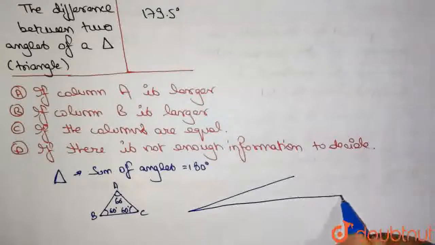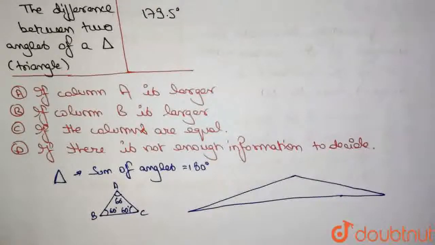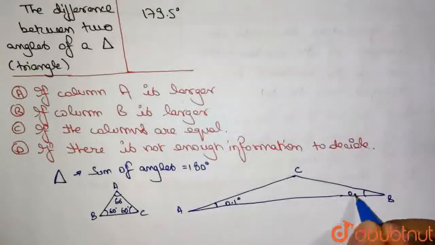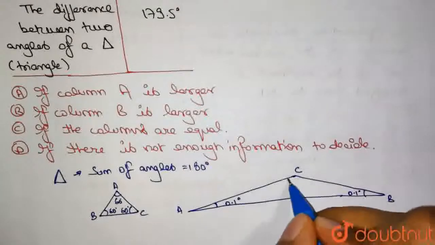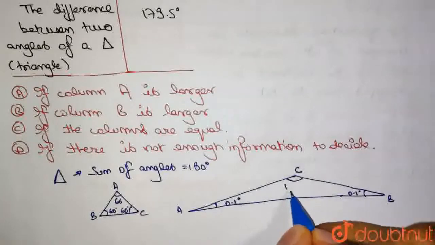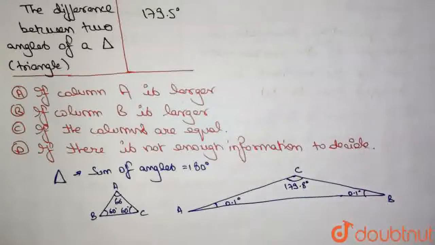This is a different kind of triangle, obviously not drawn according to proportion, but in this triangle angle A is 0.1 degrees. Angle B is also 0.1 degrees. And angle C is definitely going to be 180 degrees minus 0.1 minus 0.1, or 180 degrees minus 0.2, so it is going to be 179.8 degrees, because their sum is 180 degrees, just as here also the sum is absolutely going to be 180 degrees.